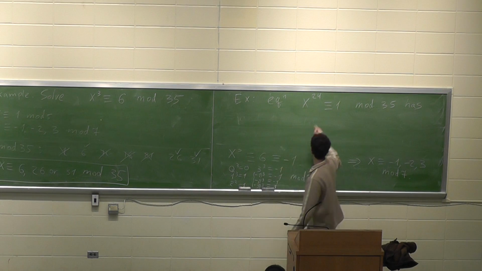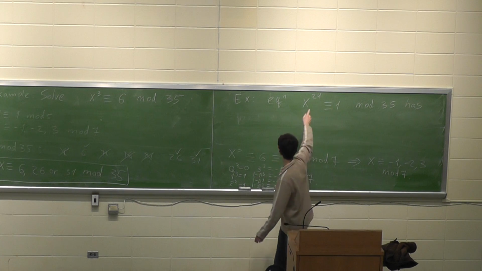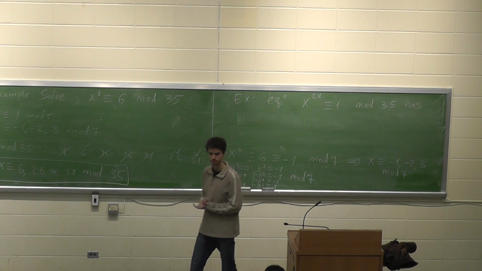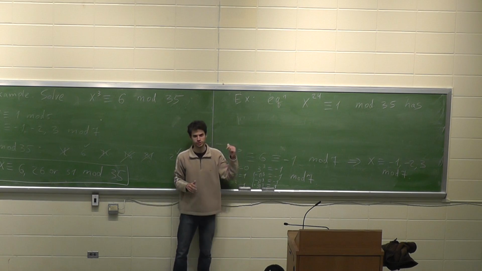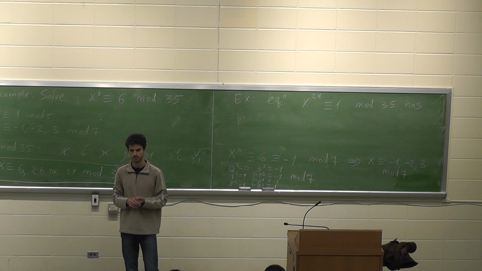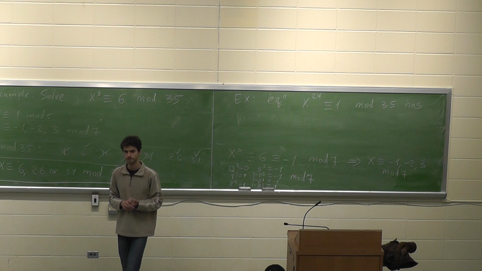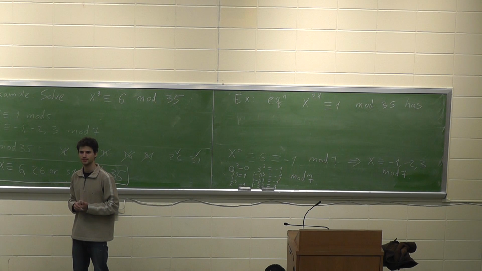Well, it happens that phi of 35 is just exactly 24, right? So how many solutions does such an equation have? All but zero. All but zero? Well, almost. All co-primes of 35.